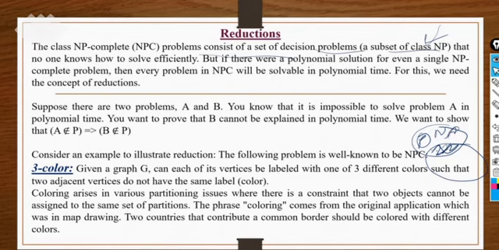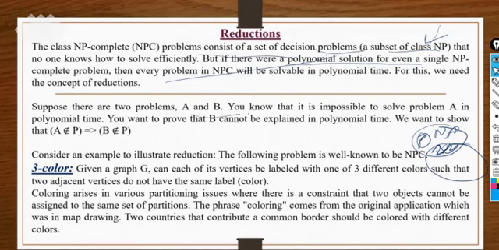No one knows how to solve it efficiently, but if there were a polynomial solution for a single NP complete problem, then every problem that belongs to NP can be solved in polynomial time. So for this we need the concept of reduction.